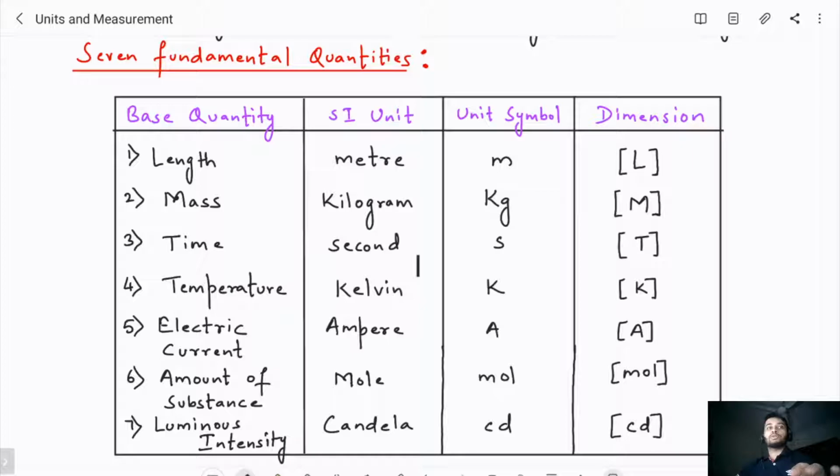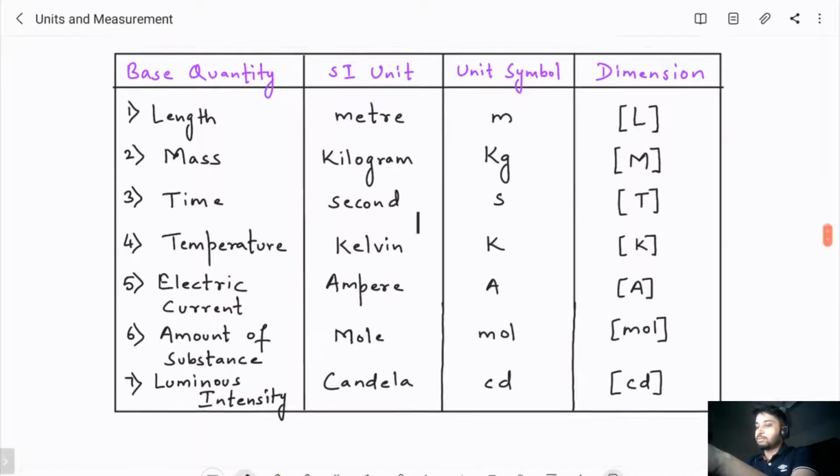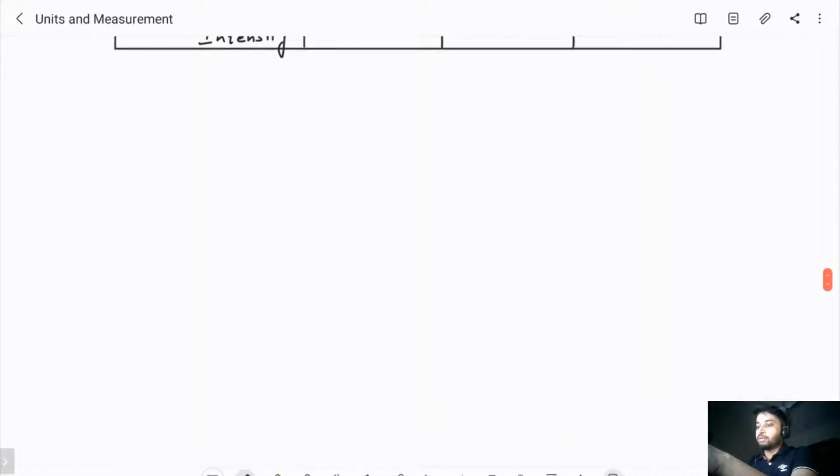So now we'll move on to the next part, and the next is derived quantities.